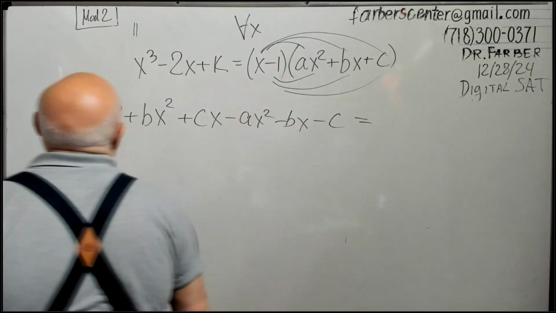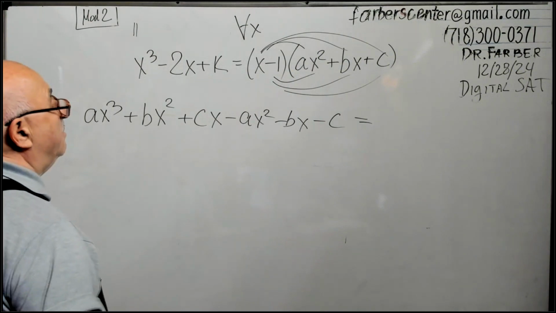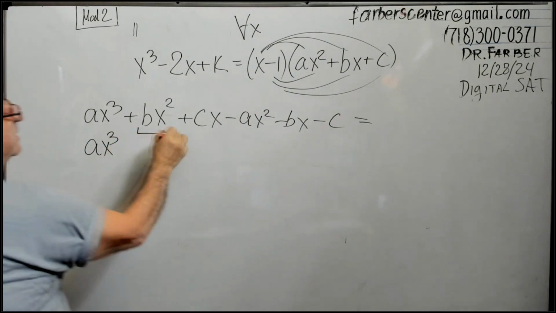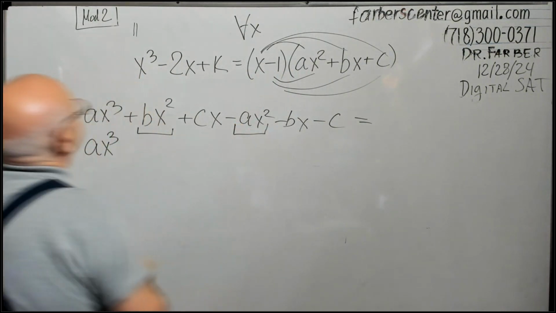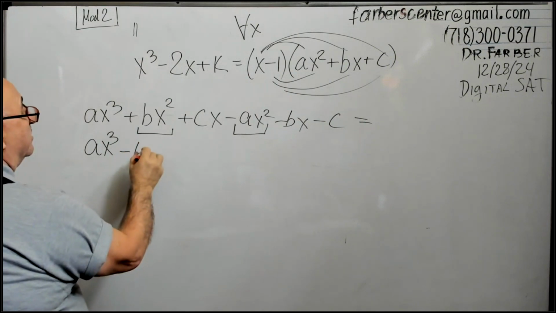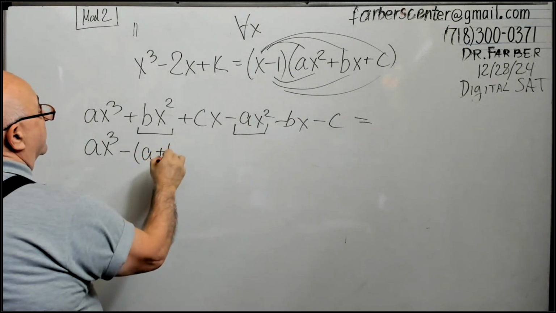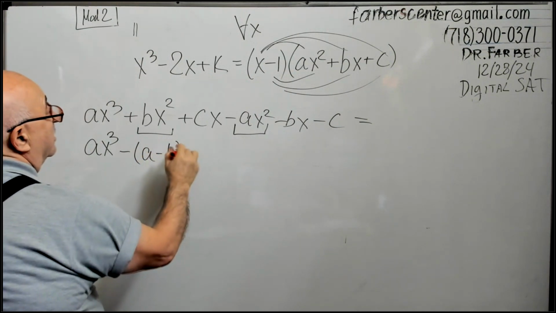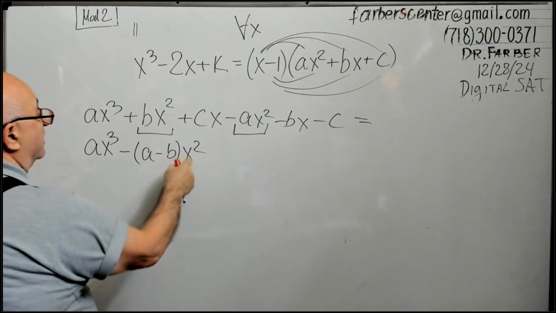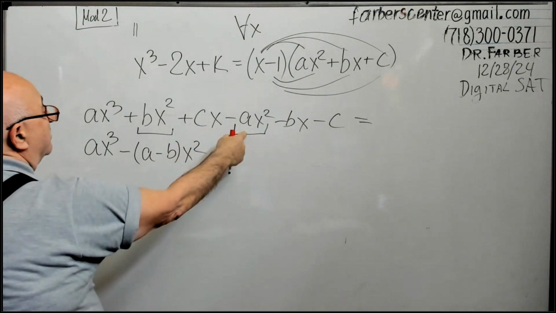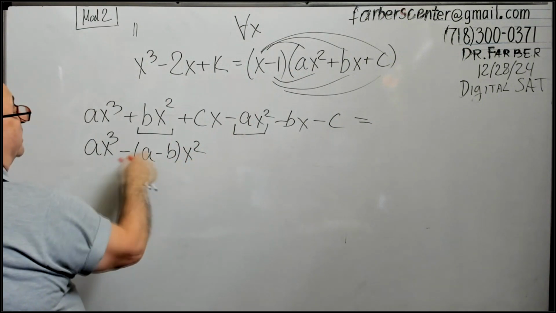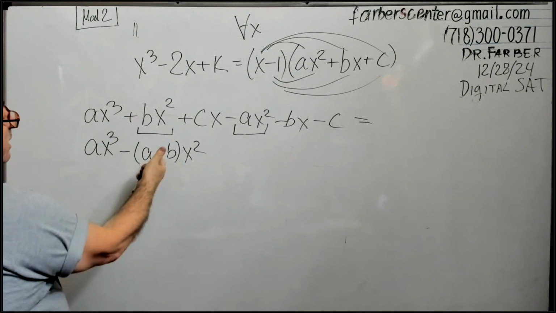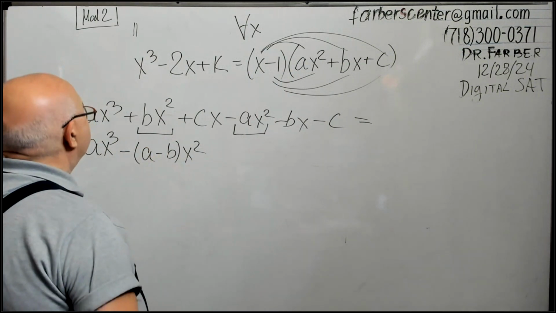Combine them with the same powers. You have ax cubed, this guy and this guy, then (b minus a) times x squared. Check it: negative ax squared plus bx squared. You can put b minus a, and this would be good.